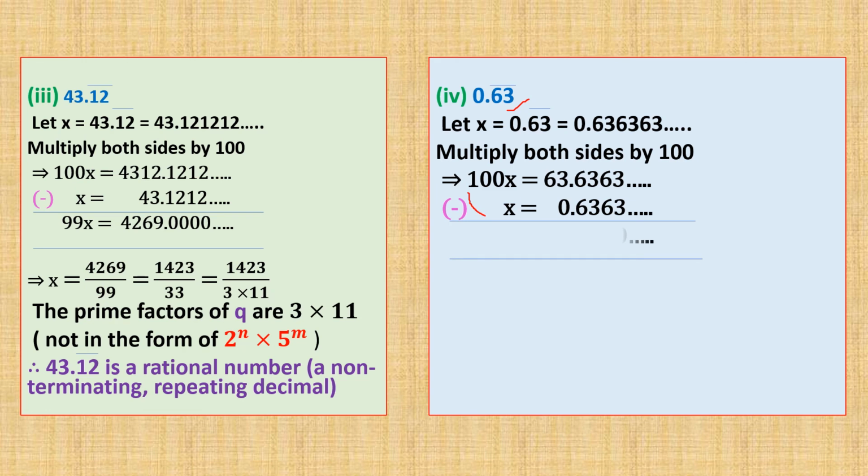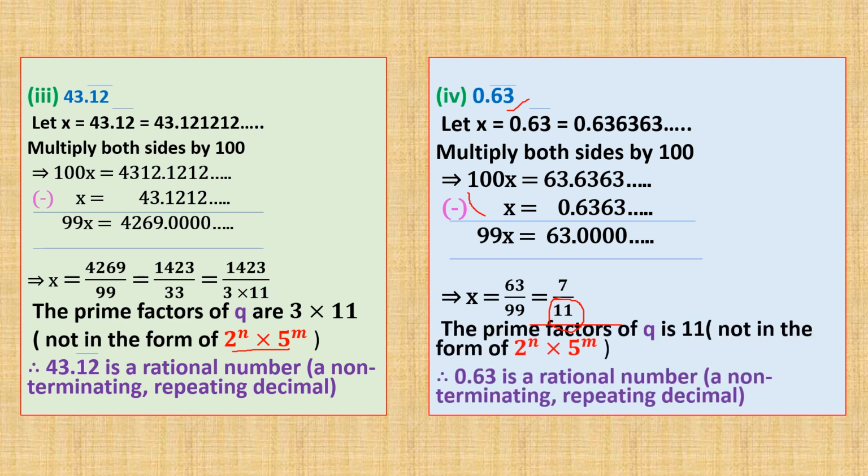After that you will get the result, and send this 99 to the right side, which is the denominator, and it is cancelled by 9. Here the prime factor of q is 11, which is not in the form of 2 power m into 5 power n. So it is a non-terminating decimal. Clear, children? When bars are there, you should remember this procedure.